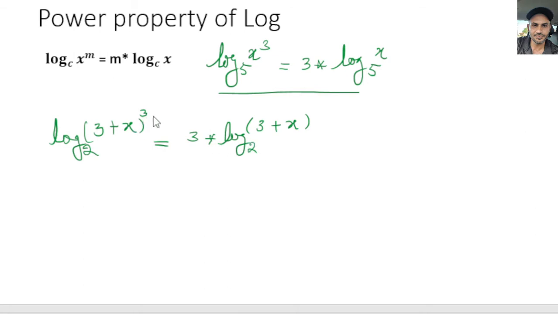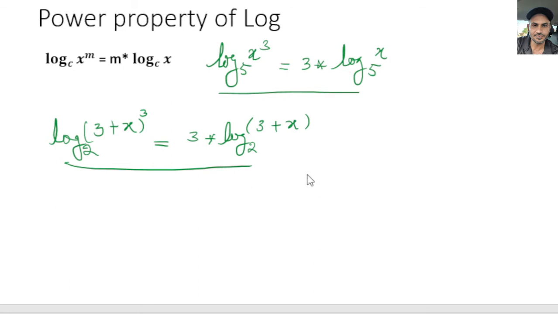So all we did, we took the exponent and we brought it to the front and made it to multiply with the log expression. And since the 3 is moved to the front, there's no more 3 as exponent. And this is the base 2 as it is right there. So this is the simplified form.